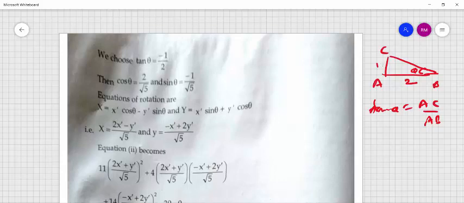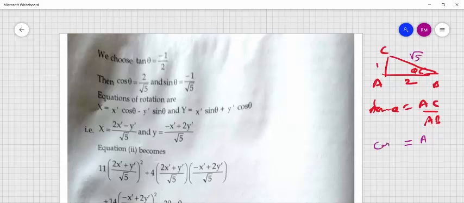So we get this side will be root 5 by Pythagoras theorem.